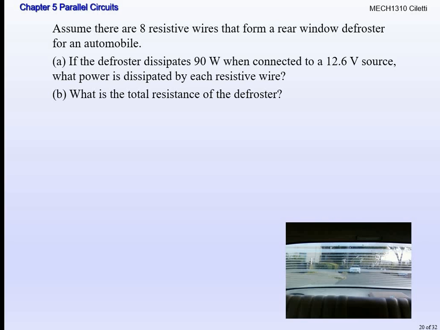All right. I'm giving you power now, and I'm giving you voltage. In your mind, you should choose Watt's law that involves voltage, power, and a resistor. That's what you should be thinking of, okay? That's what? P equals V squared over R. But we're solving for R now, okay?